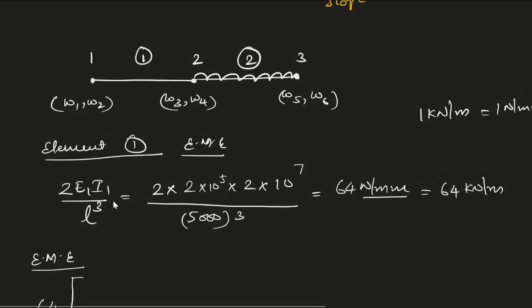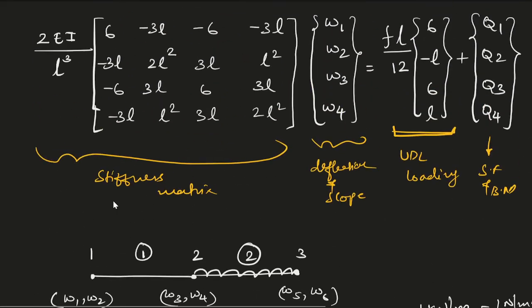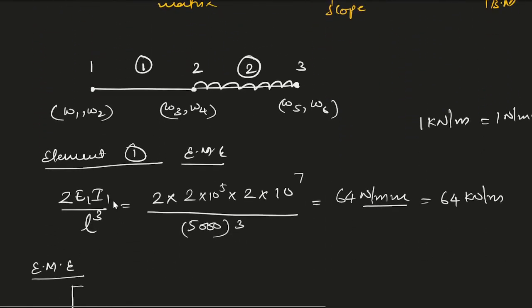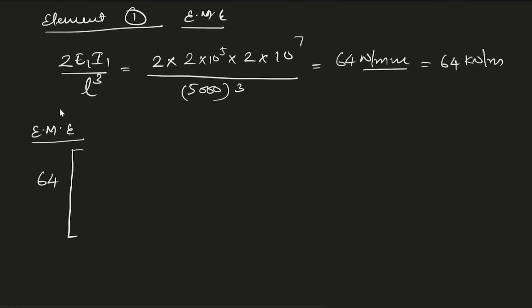it starts with 6, and 3 into 5, because the element length is 5 meters, it's minus 15. So minus 6 and minus 15.